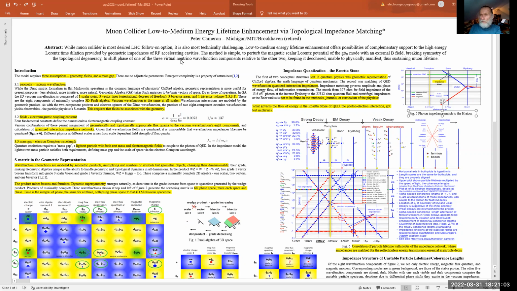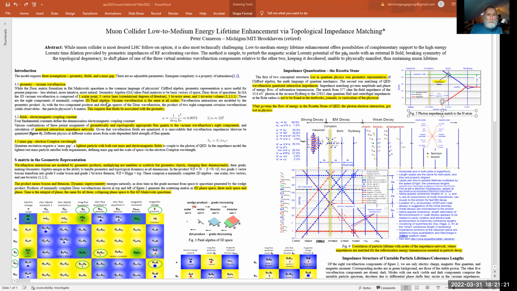So it's the virtual wave function component that we're trying to use to prevent the neutrino from manifesting and thereby sustain the muon lifetime.